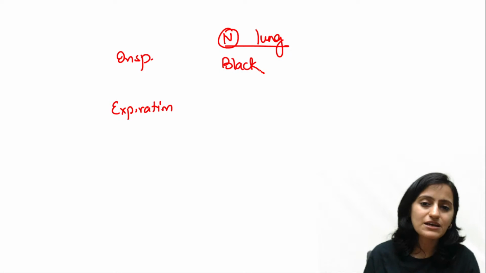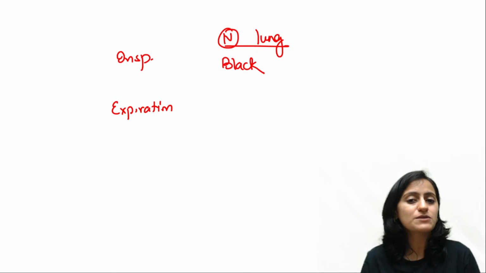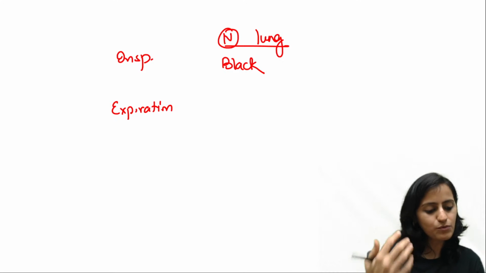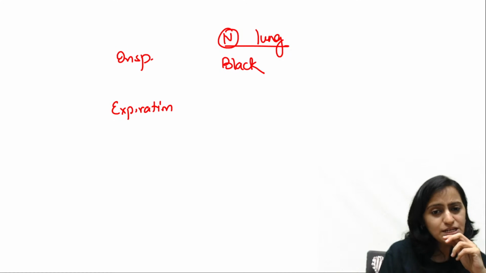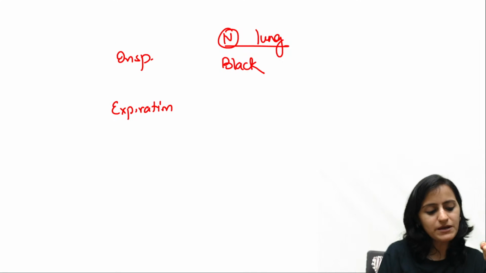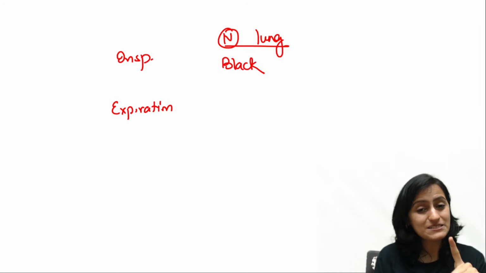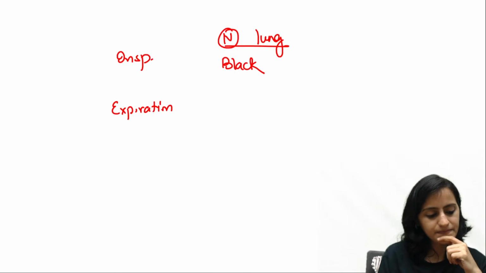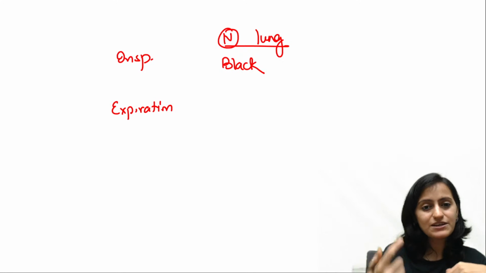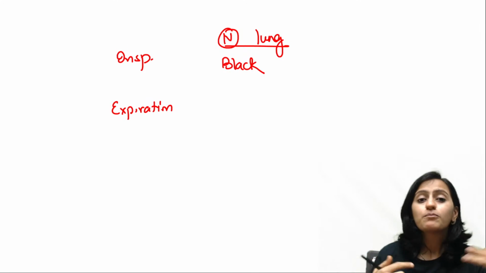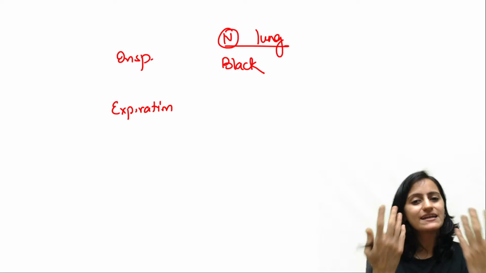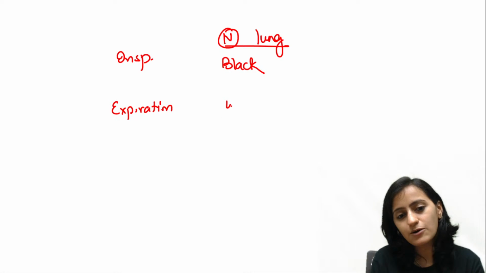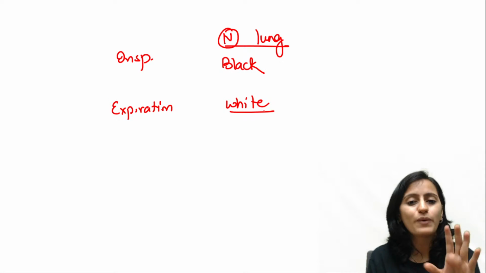In expiration, should the normal lung become more black or more white? With expiration, the lung should become more white because the air is going out, the black part is going out.